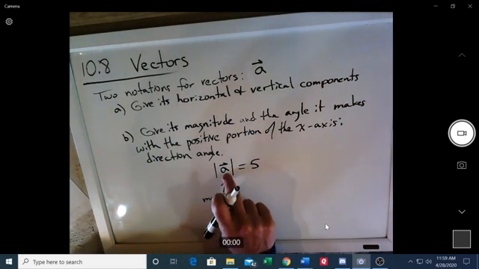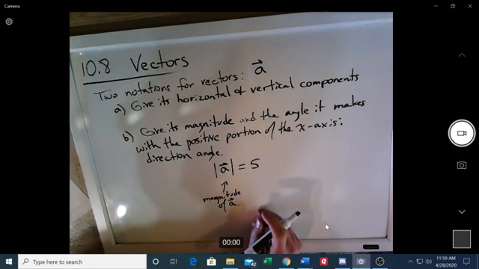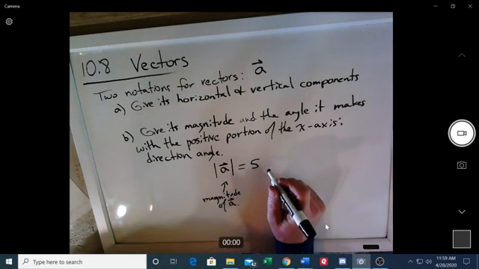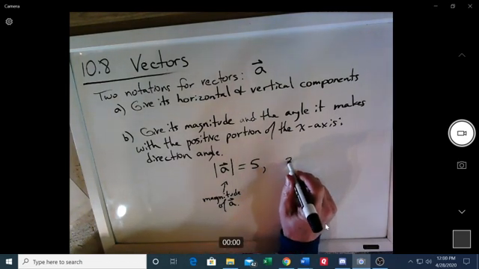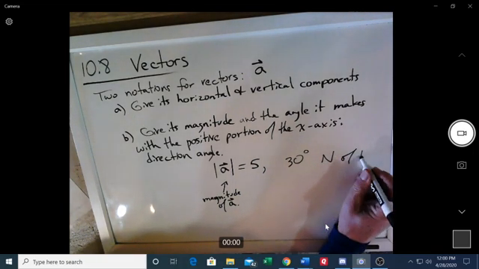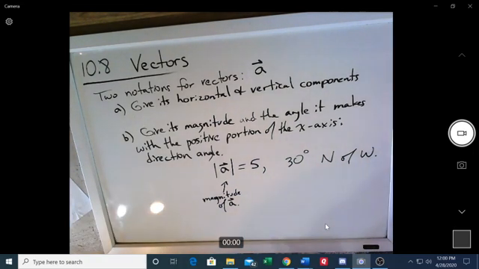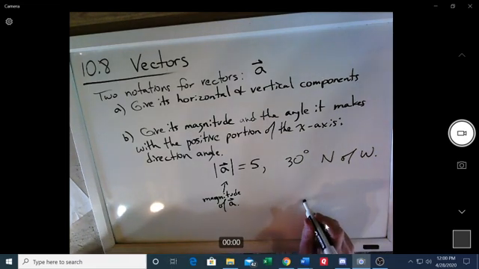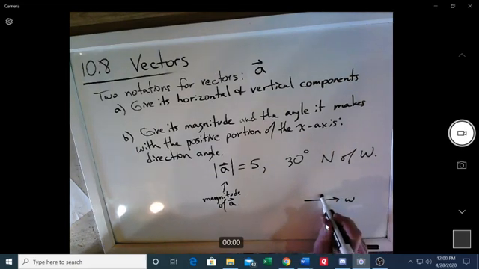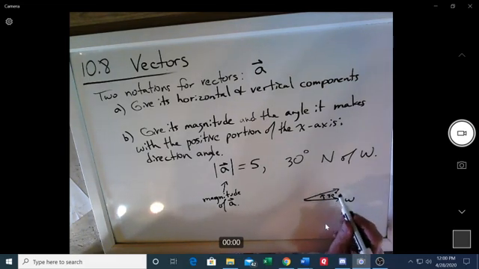So it really makes sense to use the same absolute value symbol, but we call it the magnitude of the vector A. And we might say that the angle was like 30 degrees north of west. If we said 30 degrees north of west, what that means is you start by going west, and then you turn 30 degrees towards the north. It would be something like that.